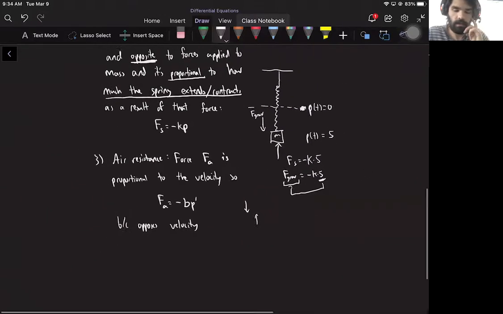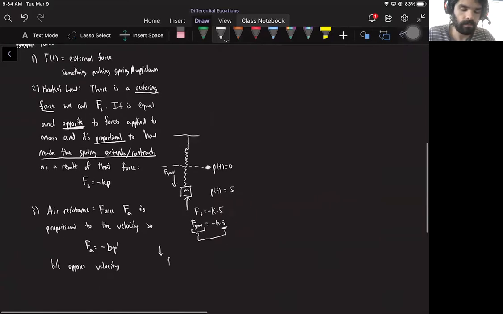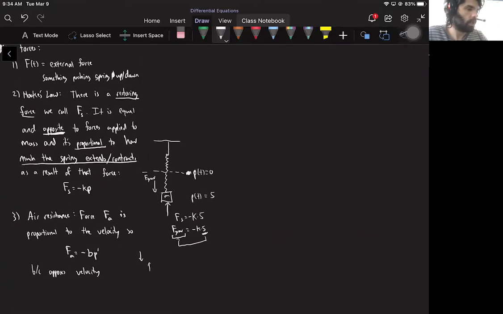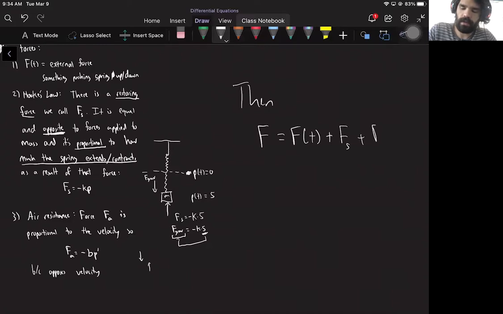Okay, so we got these three forces. And Newton's law says that they should add up to the total force F. So we have that there could be an external force acting on the spring. There's the restoring force, and there's air resistance acting on the spring.